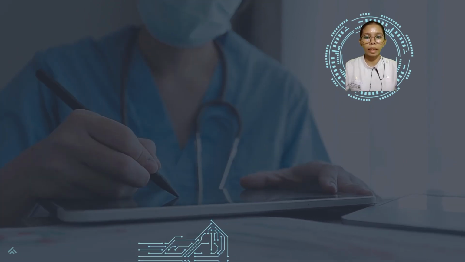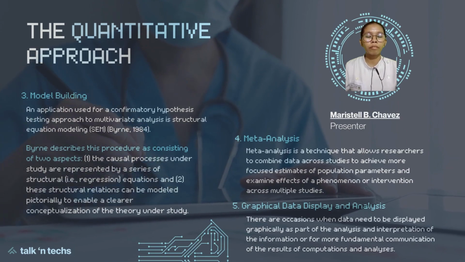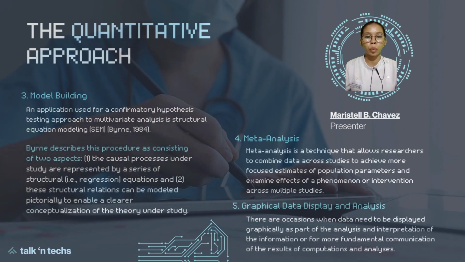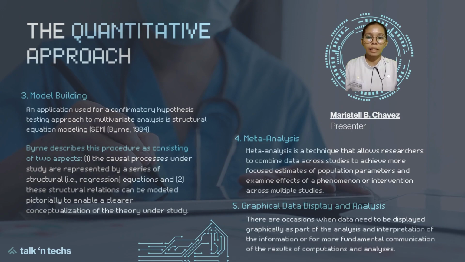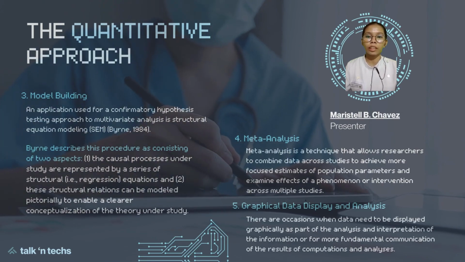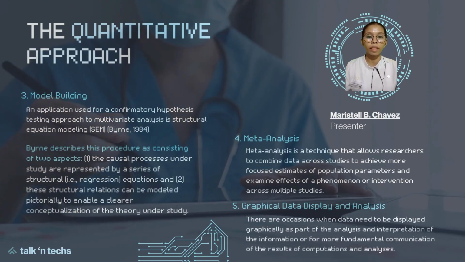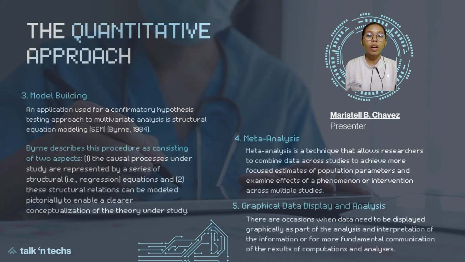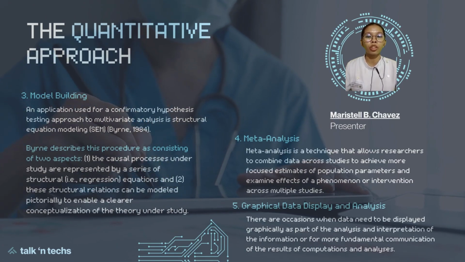Next, we have model building. An application used for a confirmatory hypothesis testing approach to multivariate analysis is structural equation modeling, or SEM. Byrne describes that procedure as consisting of two aspects. One, the causal processes under study are represented by a series of structural equations, for example, regression equations.